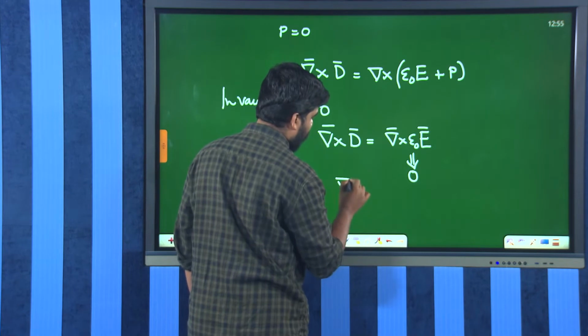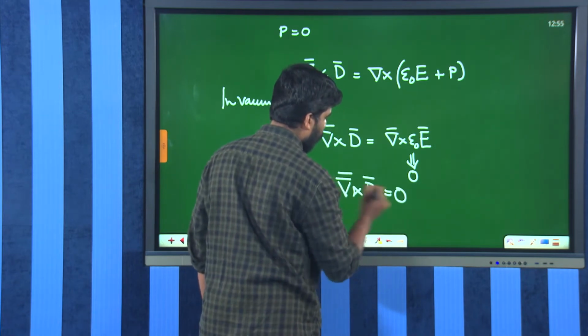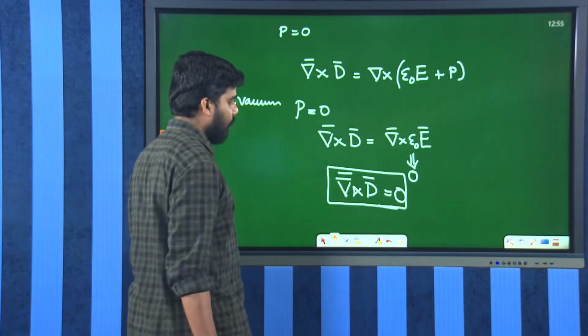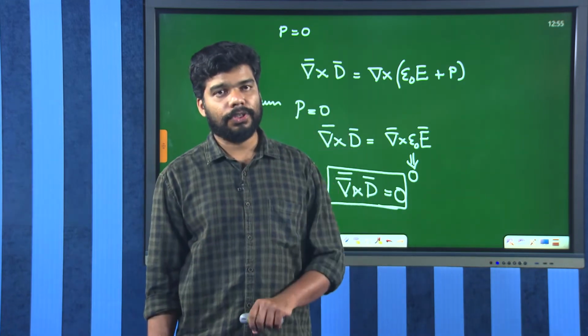So in vacuum we can write del cross D is equal to 0. This is a property of electric displacement: the curl of electric displacement in vacuum is equal to 0.